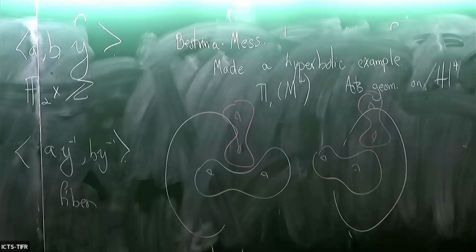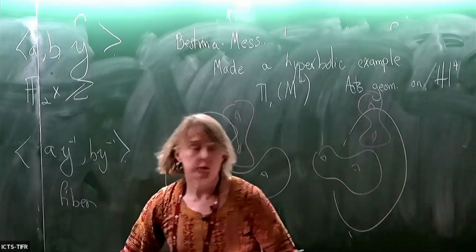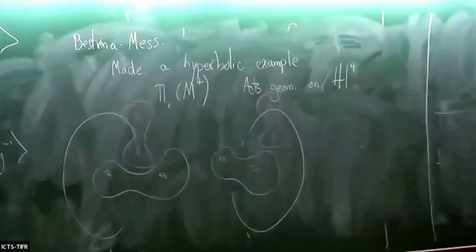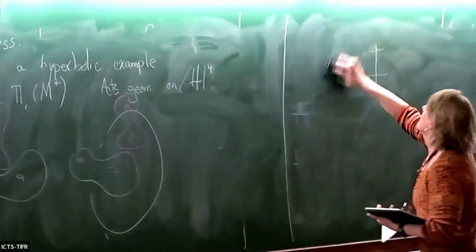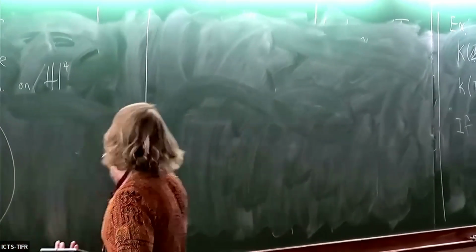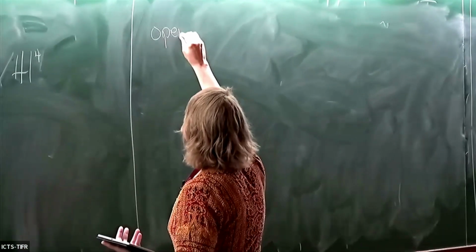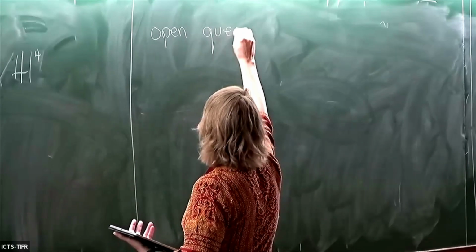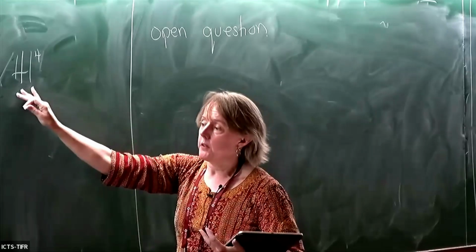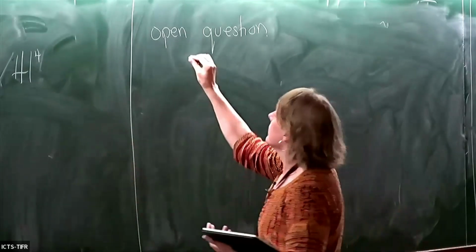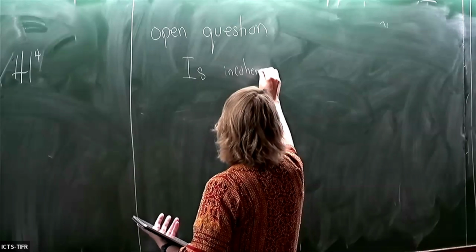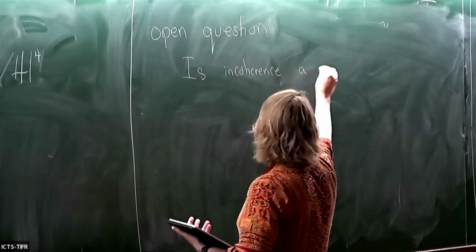I wanted to say my question of the day, so I'm trying to tie this together. An open question: first of all, it's conjectured that all hyperbolic 4-manifolds are incoherent, but I want to ask, is incoherence itself a quasi-isometry invariant?